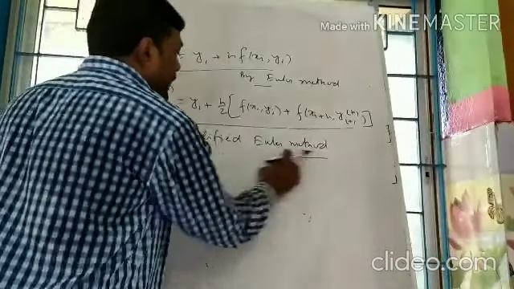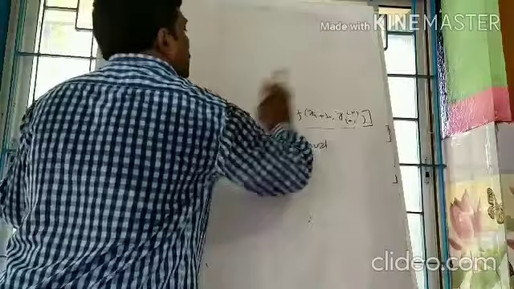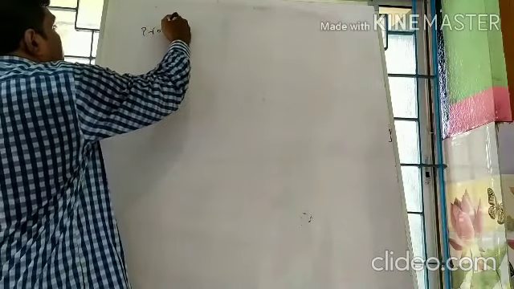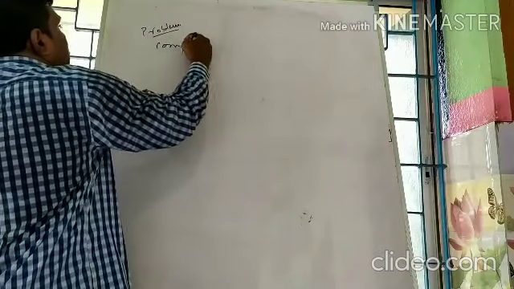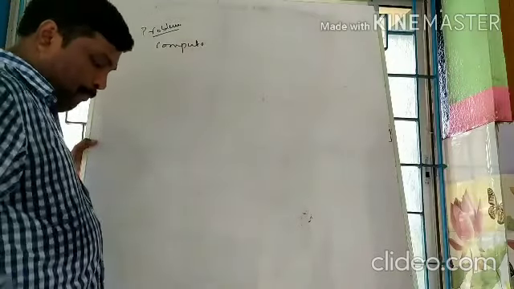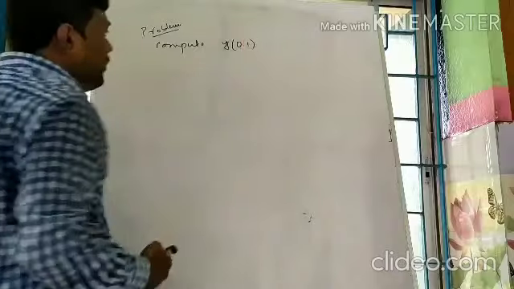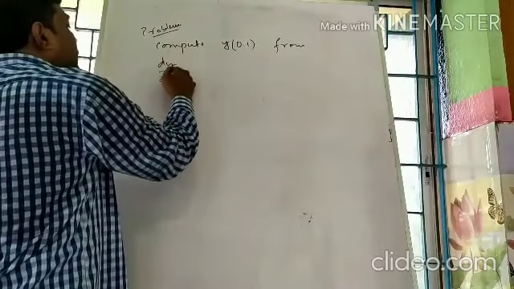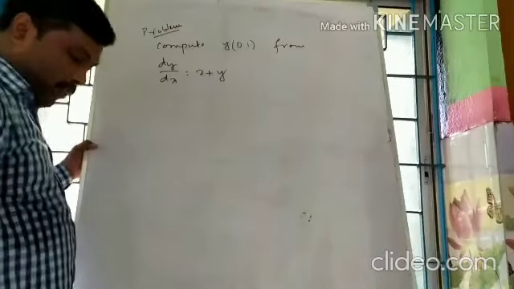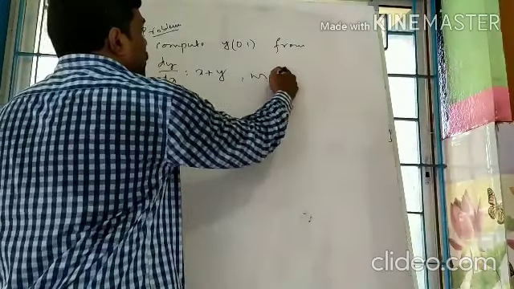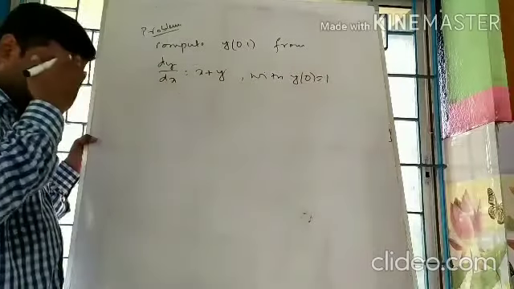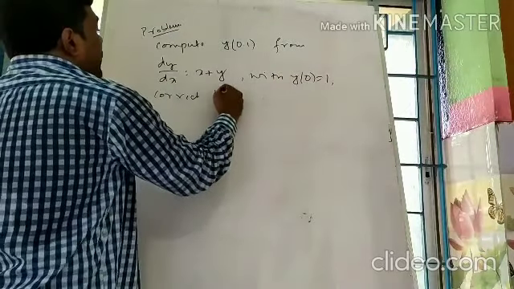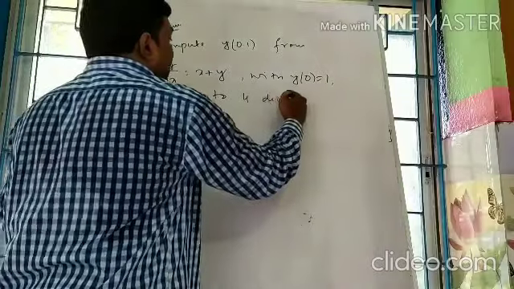Now we solve some problems using modified Euler method. Problem: compute y(0.1) from the differential equation dy/dx equals x plus y, with initial condition y(0) equals 1, correct to 4 decimal places.